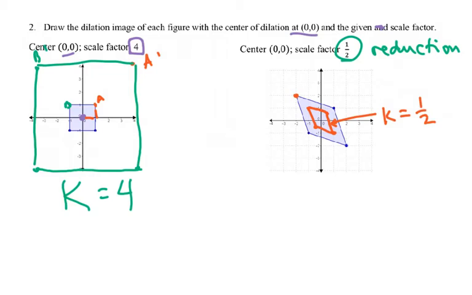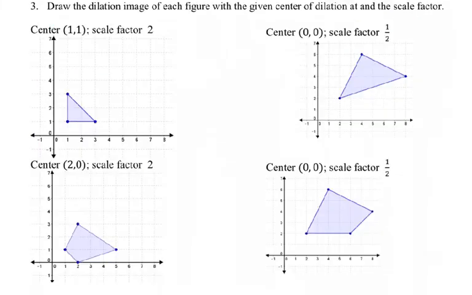So if the center of dilation is at 0, 0, that's pretty straightforward. Okay, we're going to do some others that have a different center of dilation. On this one on the left, the center is at 1, 1, so we're going to start from this point. Think of the points as pulsating out from that point, like the epicenter of an earthquake.